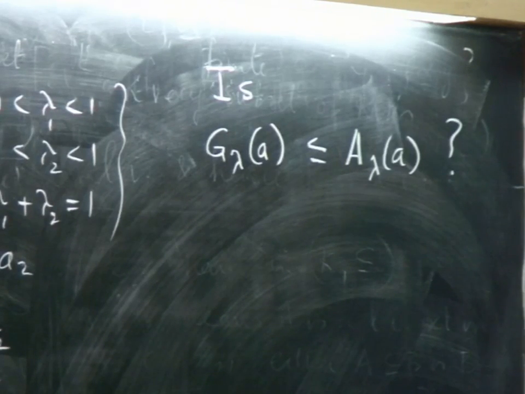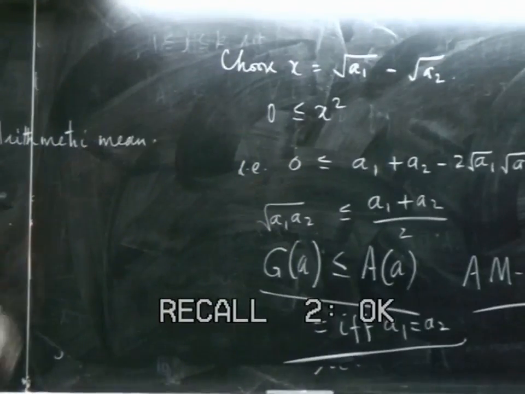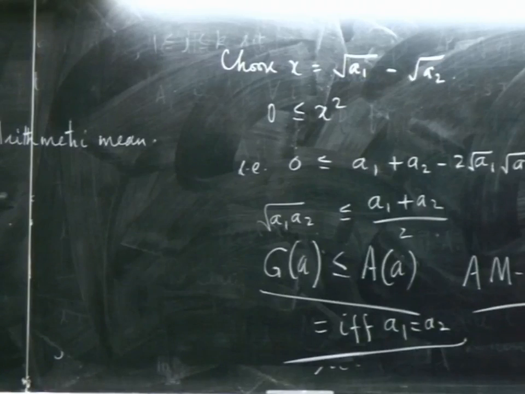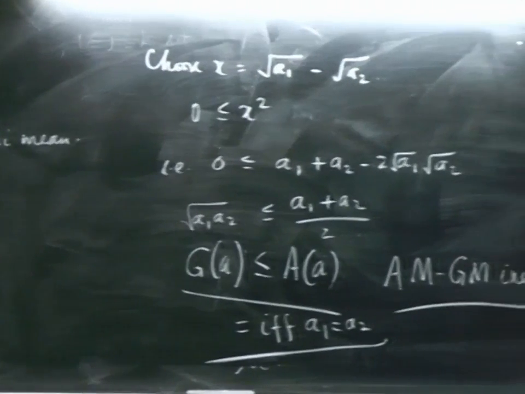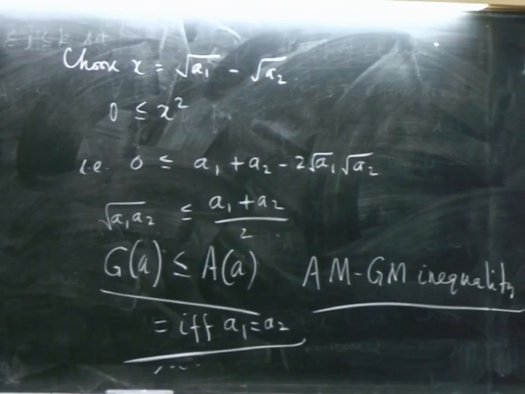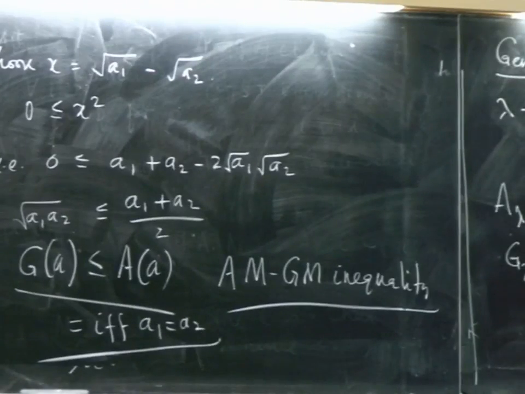So equality holds if and only if root a1 equal to root a2, if and only if a1 equal to a2. So equality if and only if both the numbers are same, and the same thing will be true there also. Even in the weighted means the inequality becomes an equality if and only if both the numbers are the same. We will see how it goes.